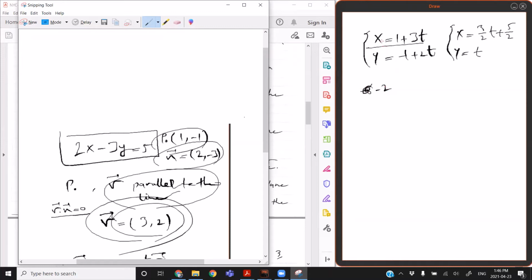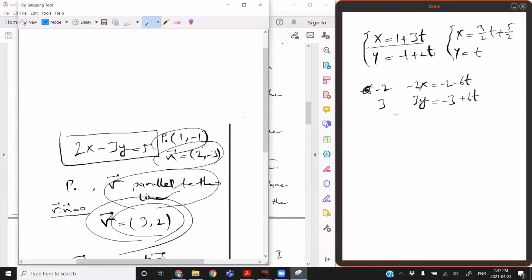If I multiply both sides of this equation by -2, I get -2x is equal -2 minus 6t, right? And I can multiply both sides of this equation by 3. So I get 3y is equal -3 plus 6t.